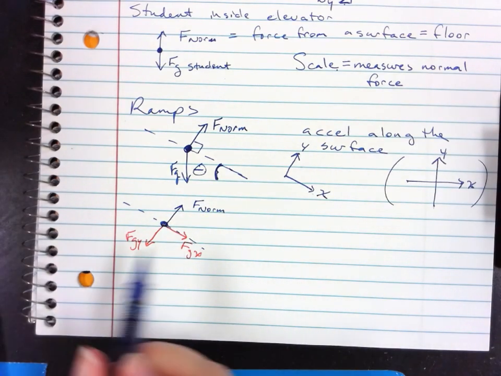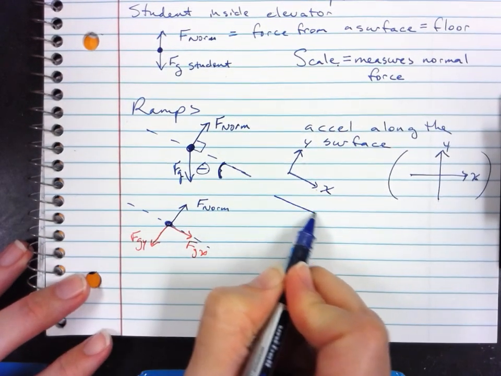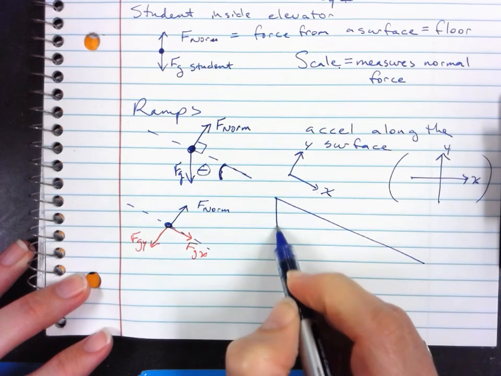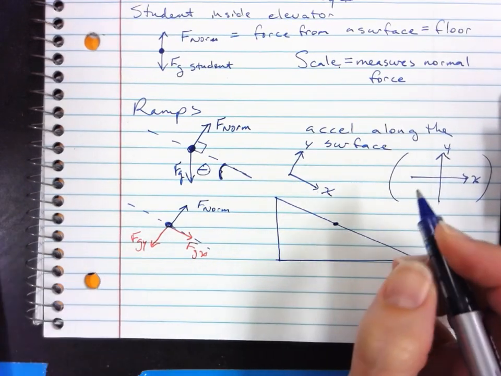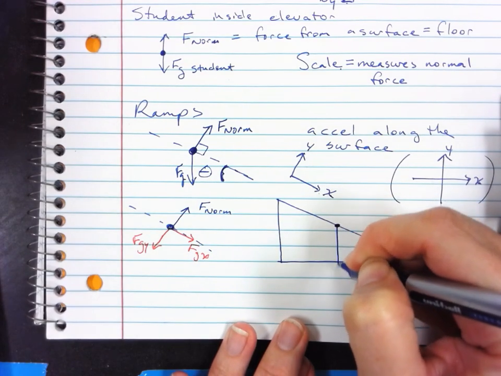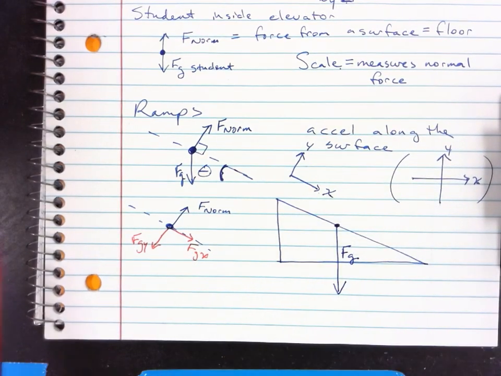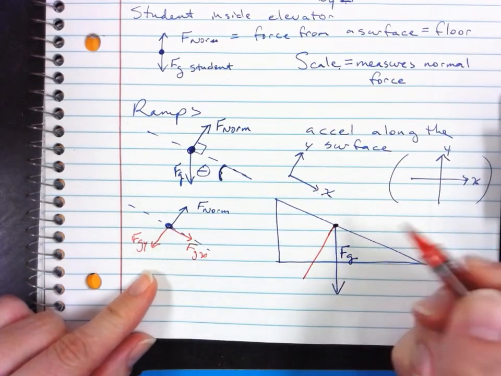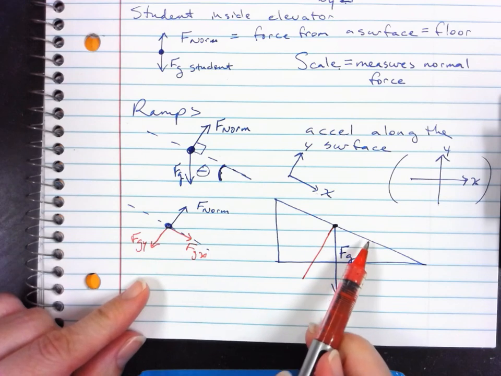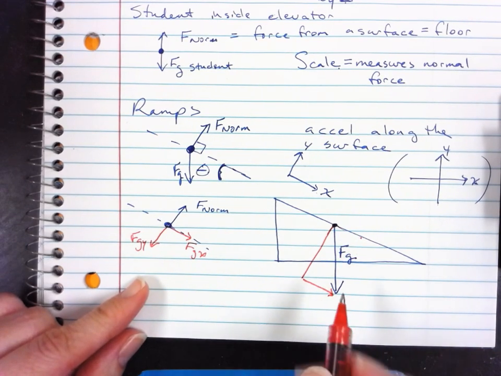So now let's talk about the trig functions. If I make a bigger triangle, that's the ramp surface, here's the object, and the force of gravity is straight down. Well, our y component has to be perpendicular to the surface. And our x component needs to be parallel to the surface, but instead of drawing it here, I'm going to draw it here.